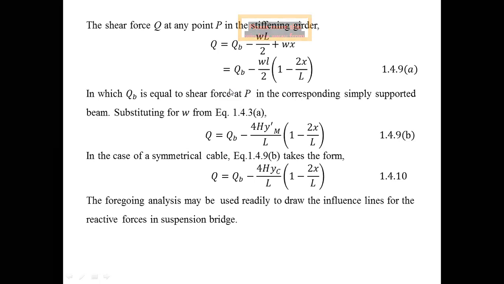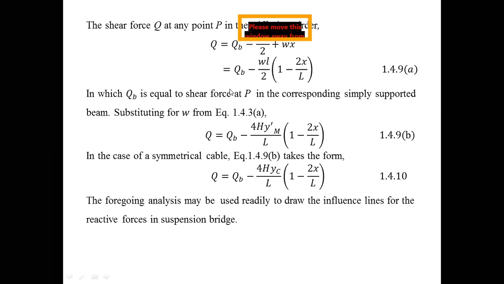From these equations, because the suspension bridge is used for moving loads, not stationary loads. In a bridge, there are no stationary loads. Any vehicle is moving over the bridge. You can calculate the bending moment and shear force for the moving vehicle.